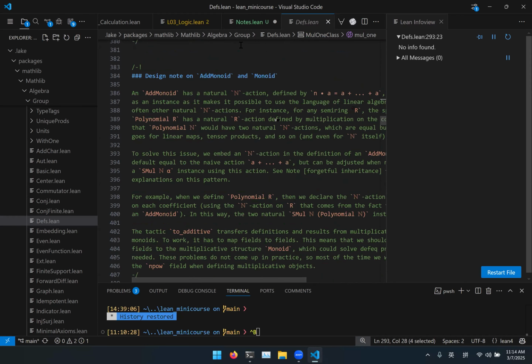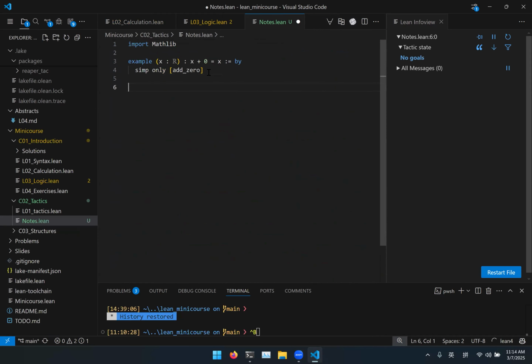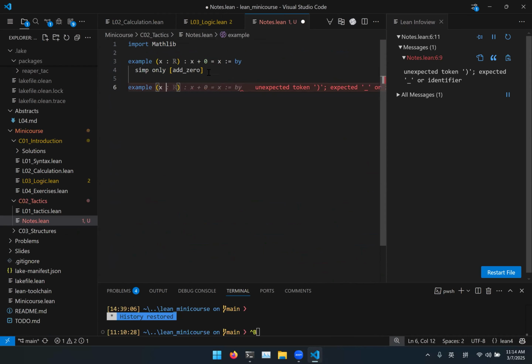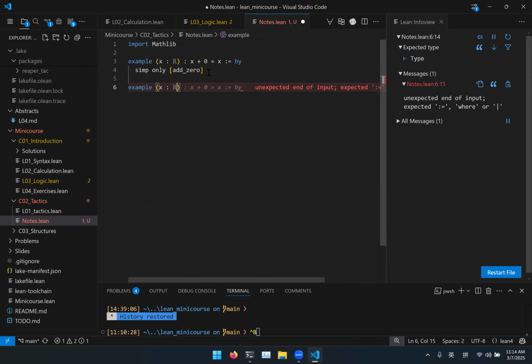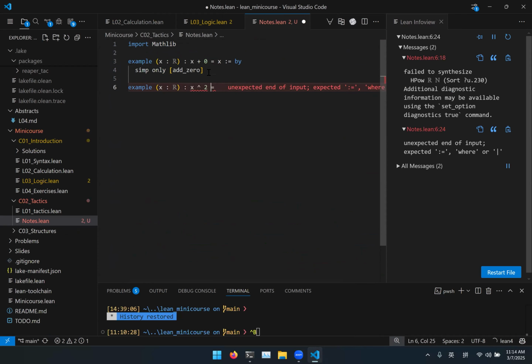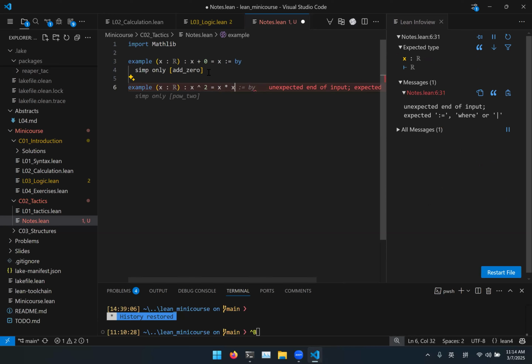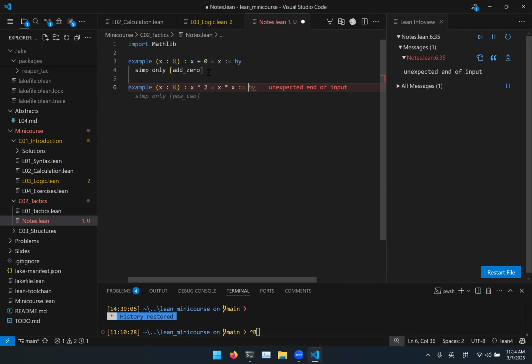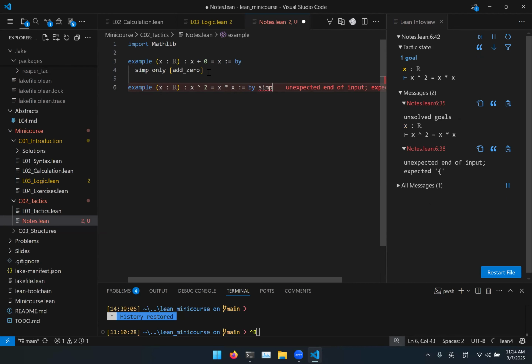But sometimes simp cannot do everything. Let's try another example, still in the real number field, a very simple one: x squared equals x multiplied by x. If we use simp here, we find that simp will not work.